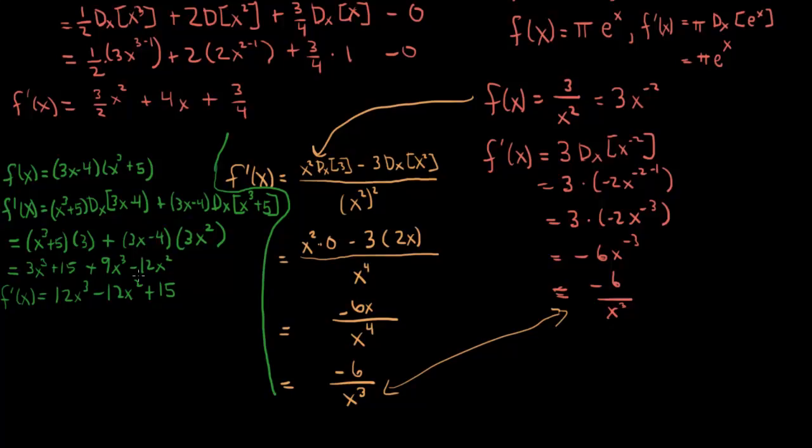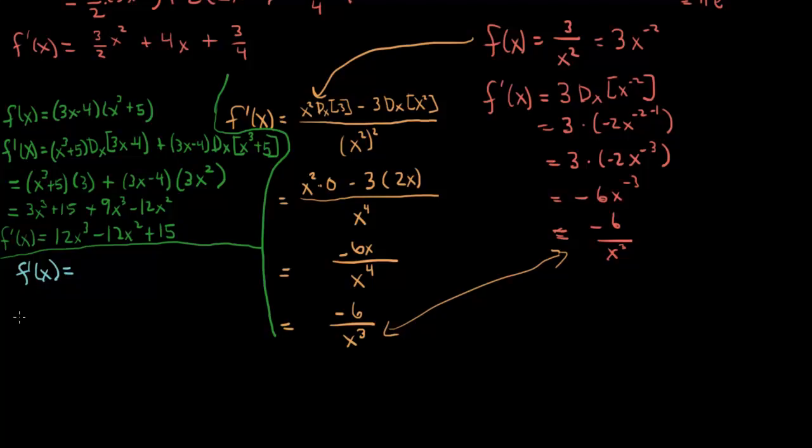Let's see here. Well, let's add some trig functions in the mix. Okay, let's mark that off. Let's change colors. Let's say f of x equals... let's find a fun one.